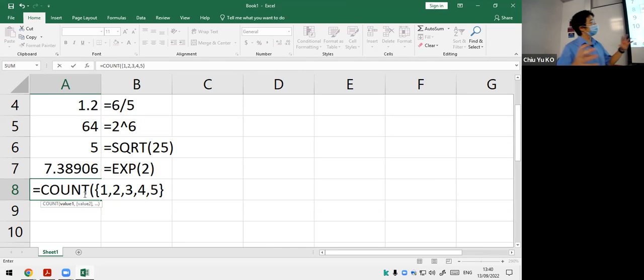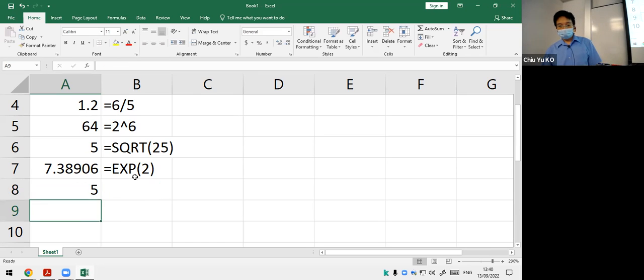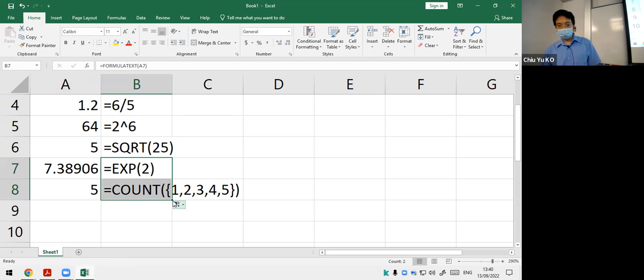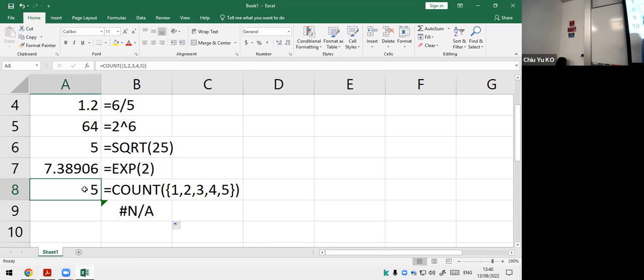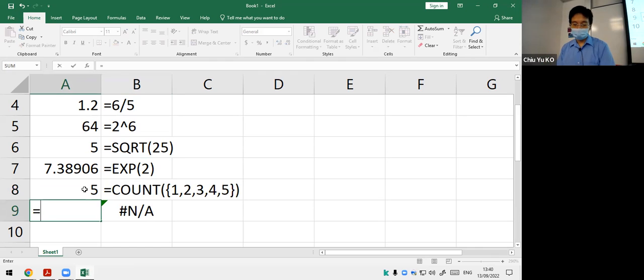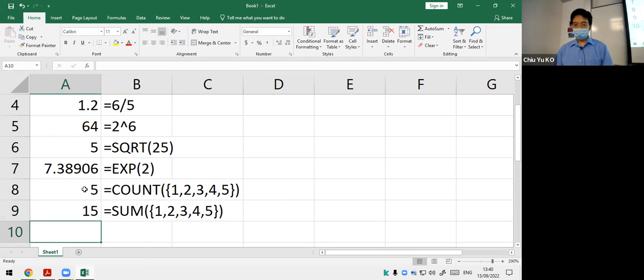The curly bracket implies this data set. And then you close the normal bracket. So this exactly tells you how many, n. n is 5. And then next you can do it for counting the sum, which is the bracket 1, 2, 3, 4, 5, bracket closed. So this is sum.